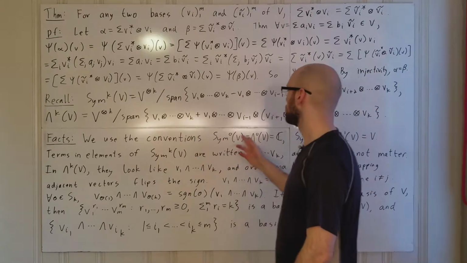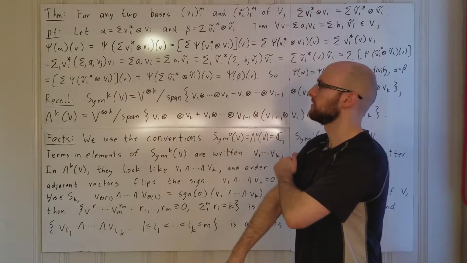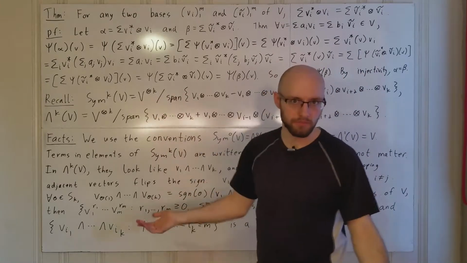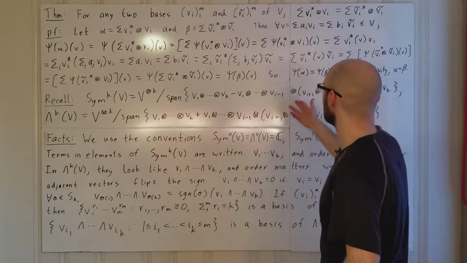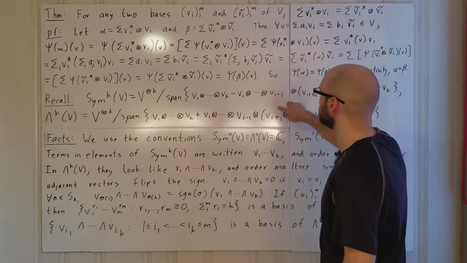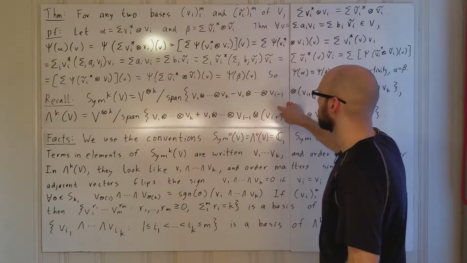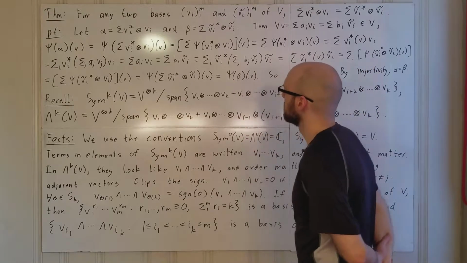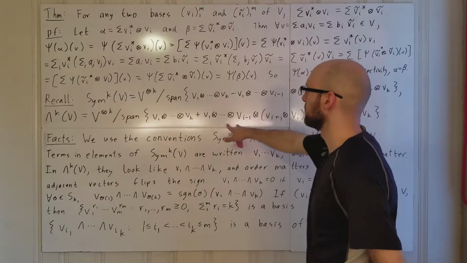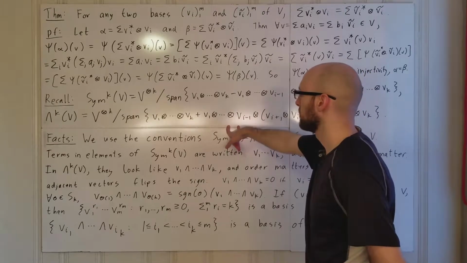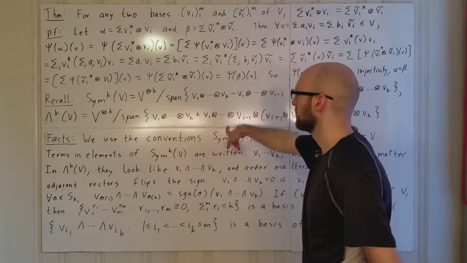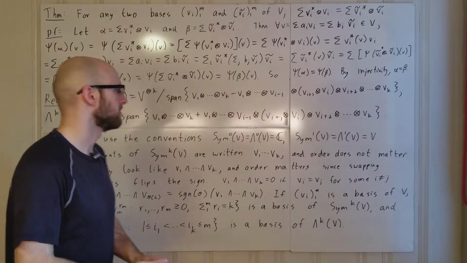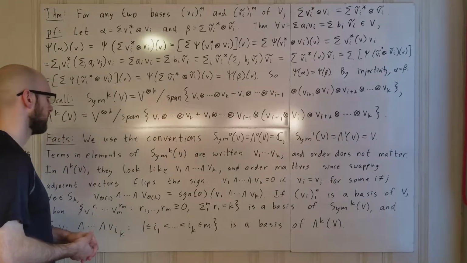When k is 1, it's a little more obvious that this should be the case, because V to the tensor 1 is just going to be V, and then quotienting by the span of this space, well, here you're just getting the span of 0. At least here you're getting the span of 0. Yeah, it's just a convention. I'm not going to worry too much about why it should be the case.